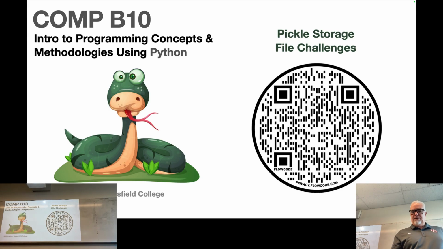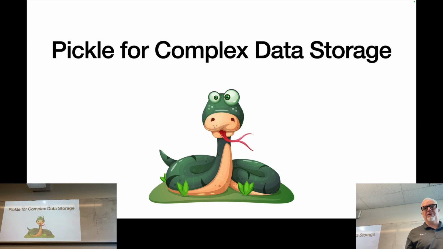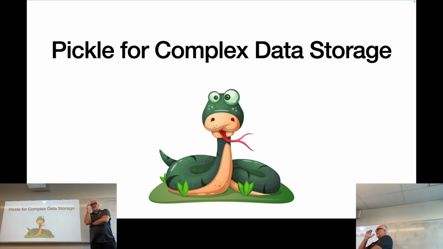But before we get into Assignment 12, I want to share with you a really nice, really advantageous module called Pickle. Pickle is used for storing complex data objects in text files. Because what we've learned so far is how to put a string in a plain text file.